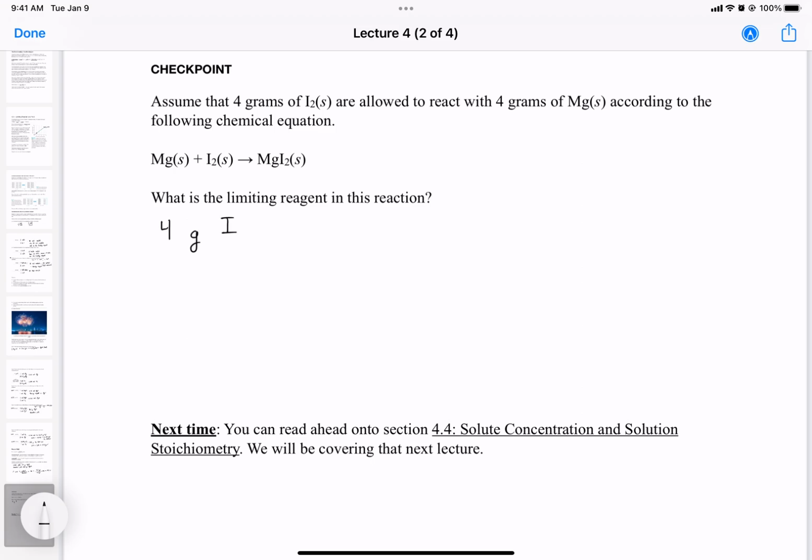Okay. So for iodine, let's write here: iodine's molar mass is equal to 2 times 127, and that will give us 253.8 grams per mole. And we already know magnesium's is 24.31. So now let's do this setup.